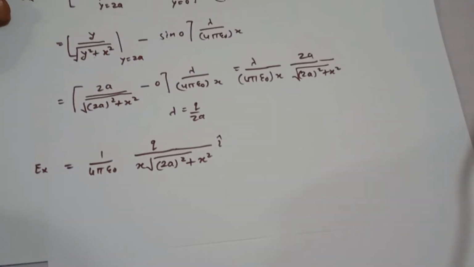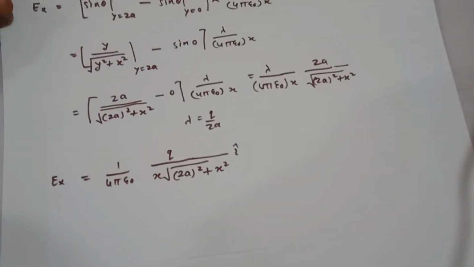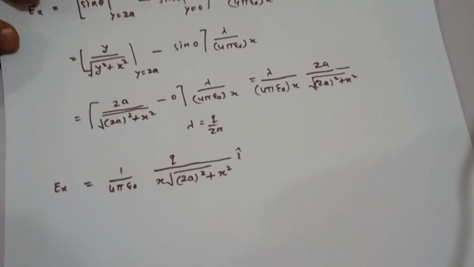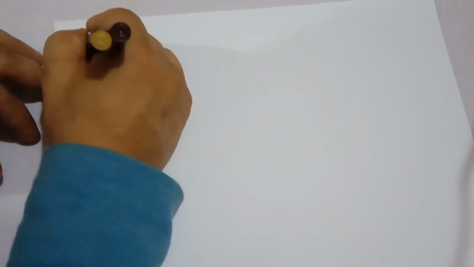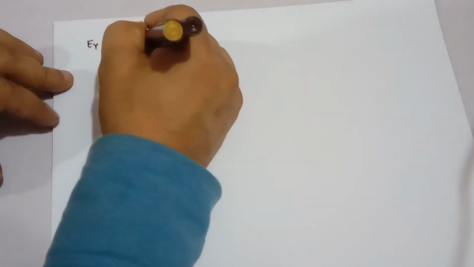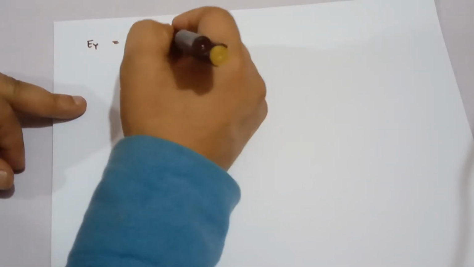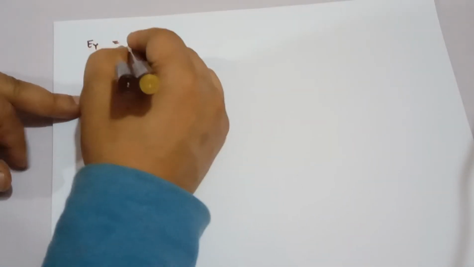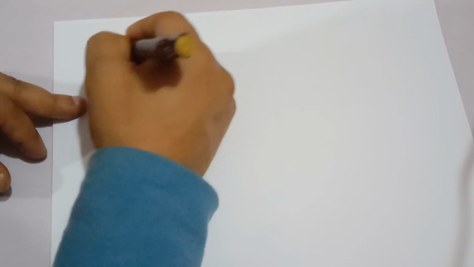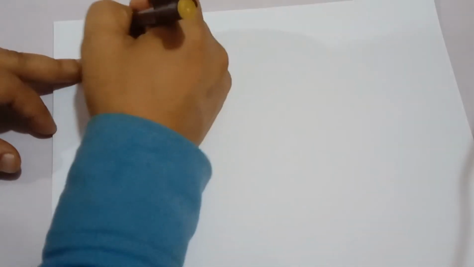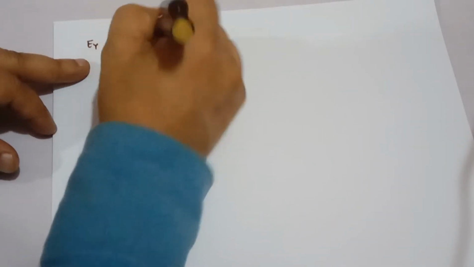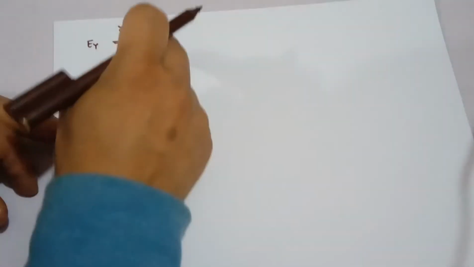Okay. So similarly, you need to calculate the electric field along y-axis, and that is very simple. For calculating electric field along y-axis, you need to take a small electric field component along the y-axis, and then integrate with y from 0 to 2a.